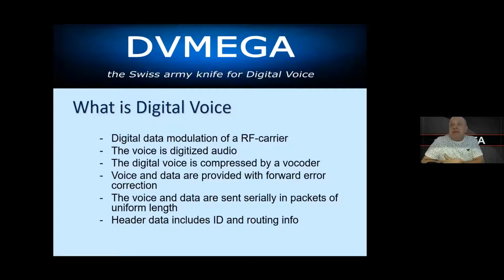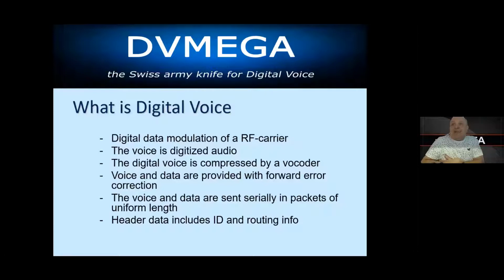Voice and data in some modes are provided with forward error correction. That means that due to fading or noise, the signal can be corrupted, so forward error correction is added to data and to voice, and for some modes in data, to correct the data on the receiver side.